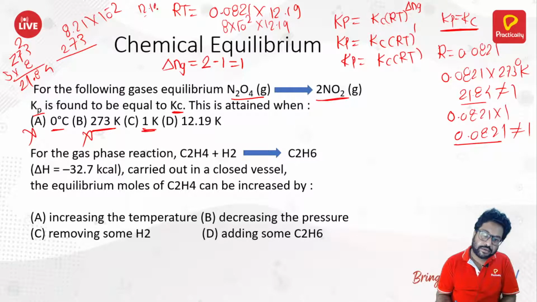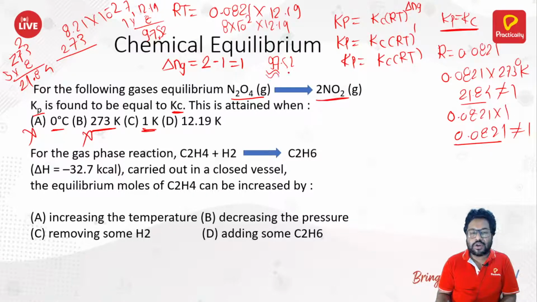So 12.19 into 8: 8 9s are 72, 8 1s are 8 plus 7, 15. Then you got 1, 8 2s are 16 plus 1, 17, 1. 8 1s are 8 plus 1, 9. 9752, two decimals, 97.52. So 97.52 you can make almost equal to 100 into 10 raised to minus 2. That means it is nearly equal to 1.